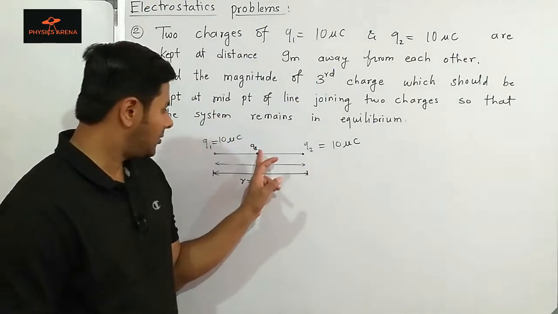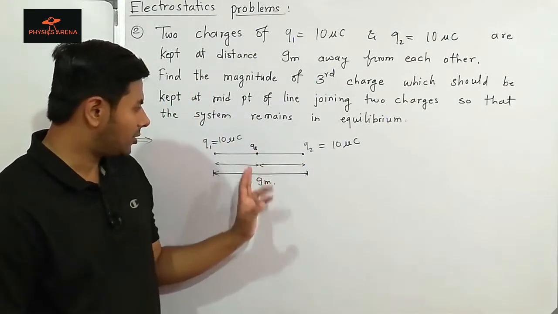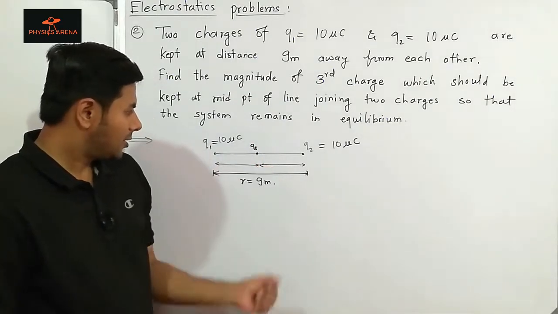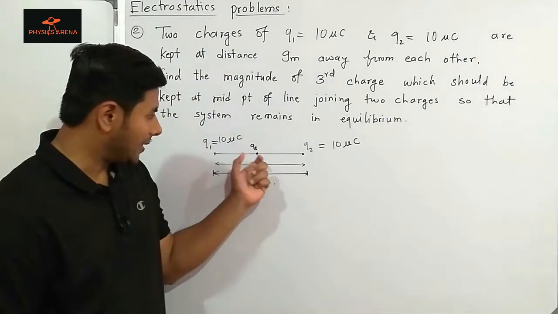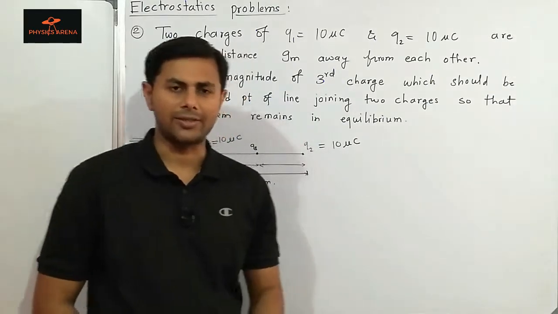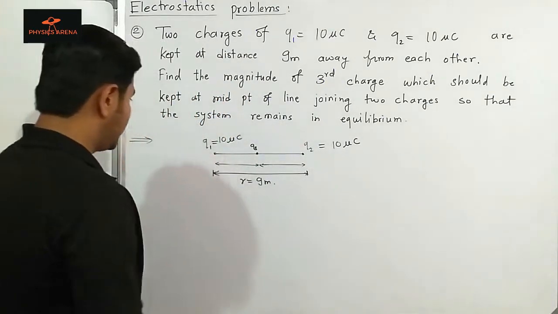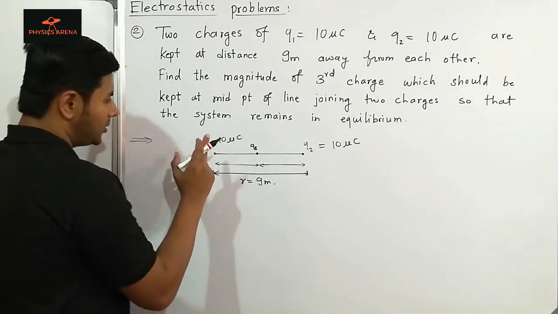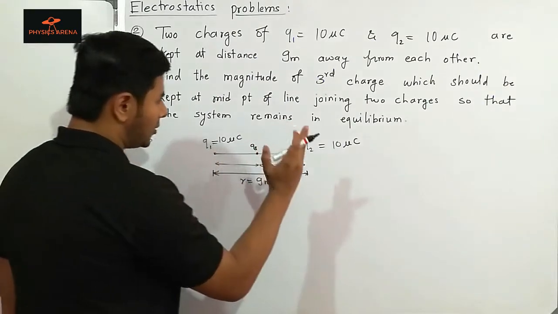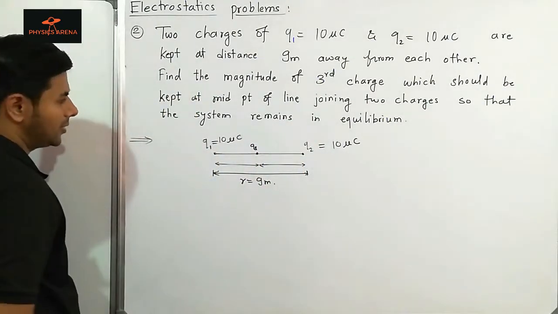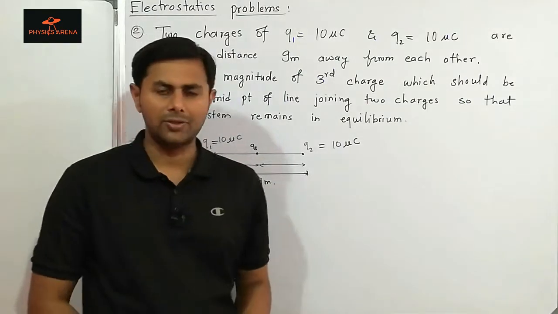So we cannot find out the magnitude or sign of the charge by finding the force on this charge. We will have to find the force on Q1 or Q2. So let's find the total force on Q1.